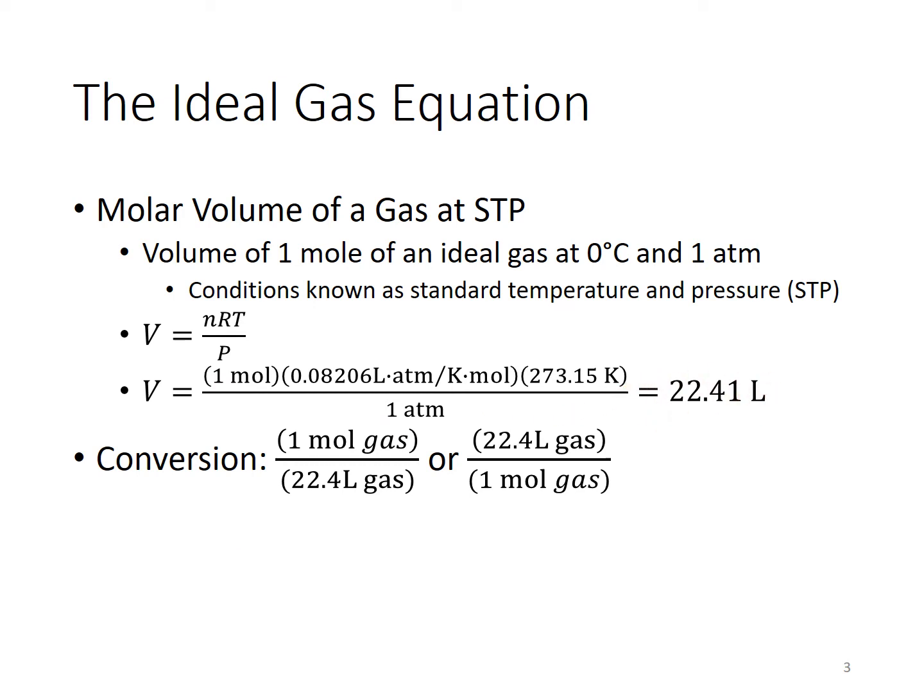This is a shortcut that isn't particularly useful in my mind, but we do deal with STP fairly frequently. It's a quick way to interconvert between amount of gas, meaning moles of gas, and volume of gas, the number of liters of gas. These are conversions set up in a way that you're familiar with.